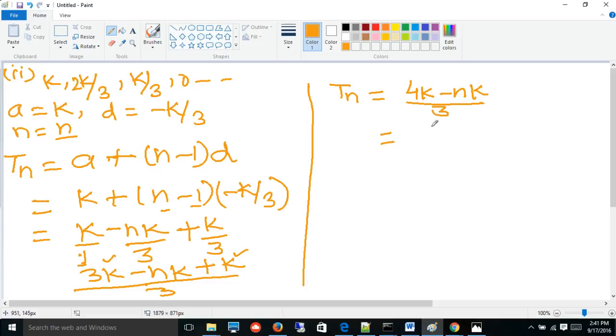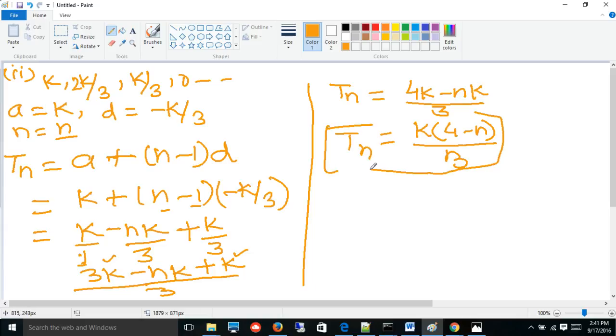Now k is common in both terms, so you can take k as a common factor and you will get the value like this. So this is our Tn. This is the way to calculate the Tn.